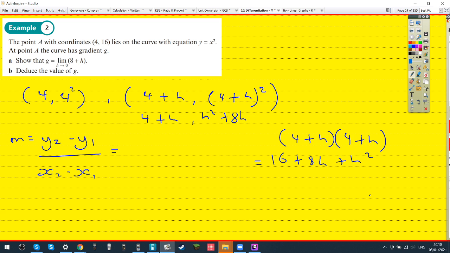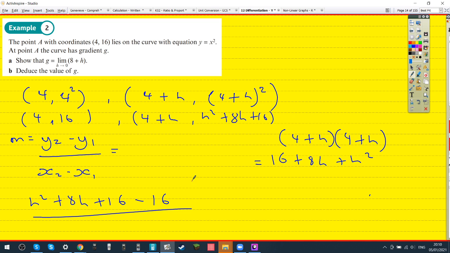Okay. So it'd be 4 plus h squared, which is h squared plus 8h plus 16, and then take away y1, which is 16. How come you don't use 4 plus h at the start of that? That's x. Okay.